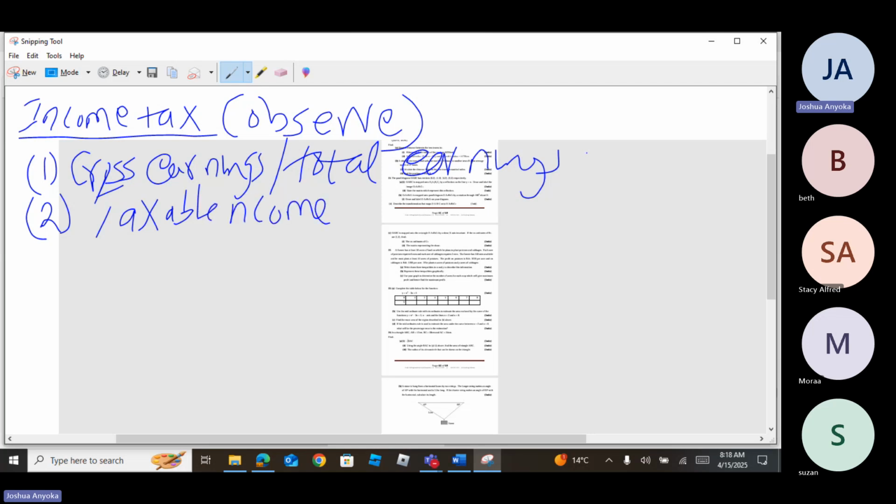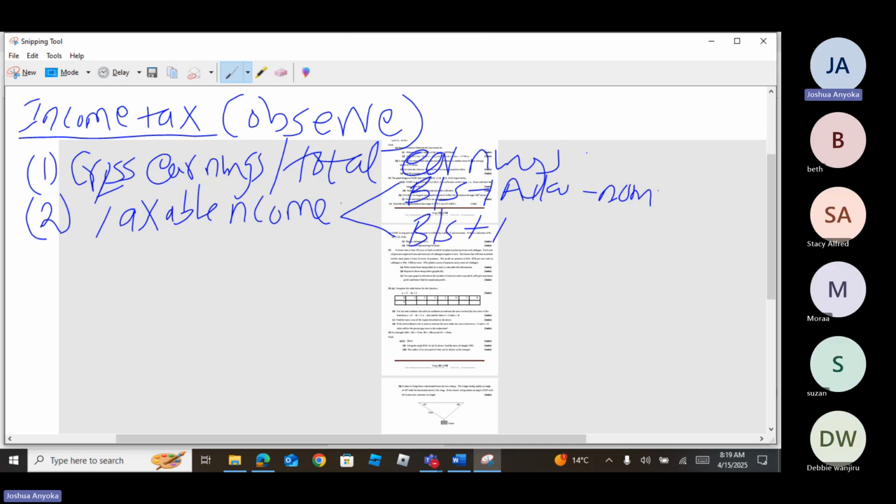Taxable income. In taxable income, there are two ways. One, it is basic salary plus allowances, less nominal rent. Number two, it is basic salary plus 15% of basic salary plus allowances, less nominal rent.